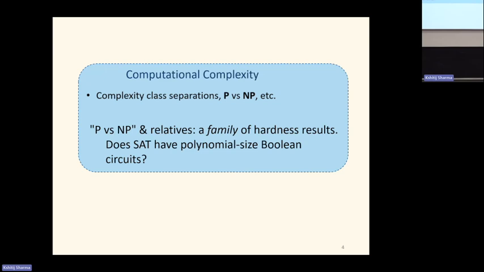A Boolean circuit, most of you know, is basically a computational model with logical gates that computes a function. You can think of it as a computational model that in some generality can simulate Turing machines, but it's slightly more concrete, more combinatorial in flavor, and that's why people a lot of the time like to work on this model.